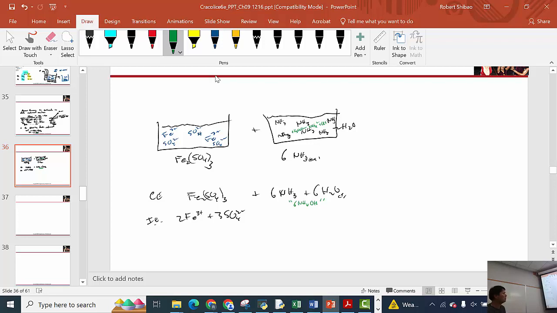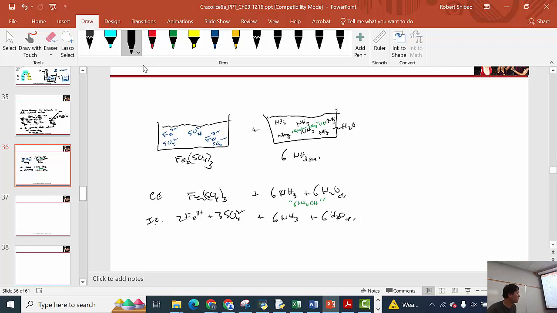But that would be the minor species still, because the major species will be ammonia. We're going to have a lot more ammonia in there. And so we're just going to treat it as 6 ammonias and 6 waters, not ammonium hydroxides, because we're looking at the major species present.